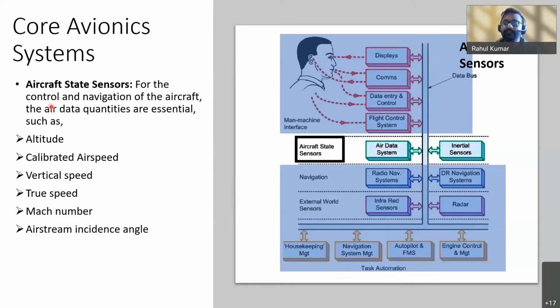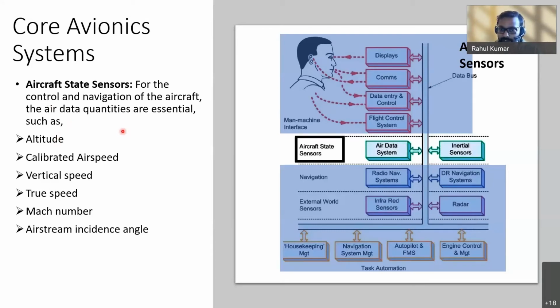Along with those sensors, you would also need some air data. Maybe what is the wind speed, right? What is the pressure being exerted on the aircraft, right? All that information is collected by the air data system, or again you have a separate set of sensors which collect that information.